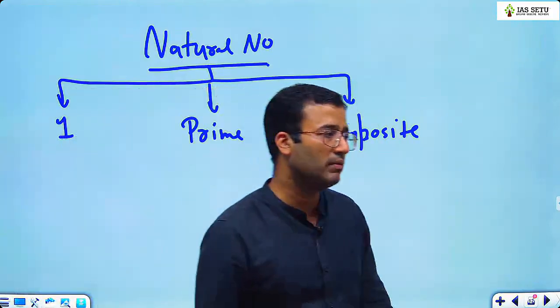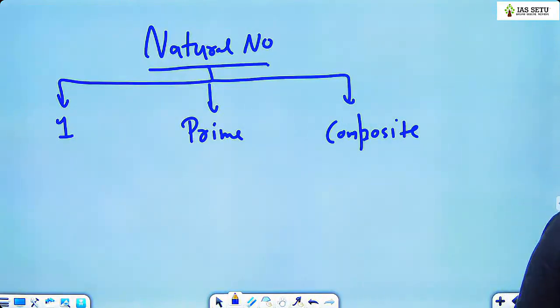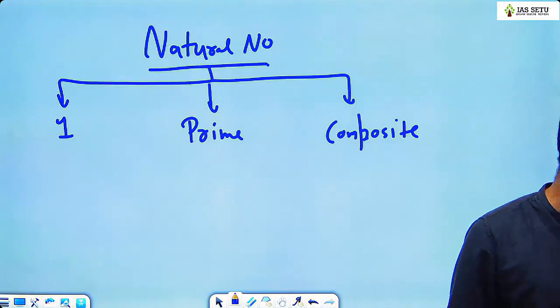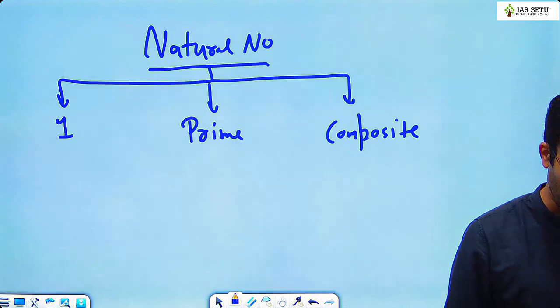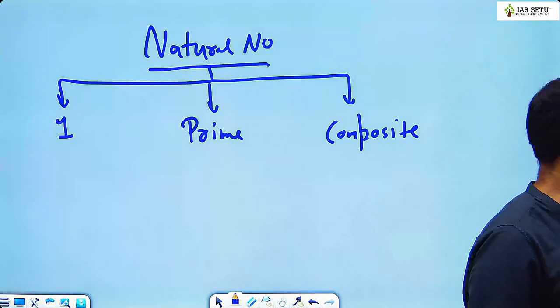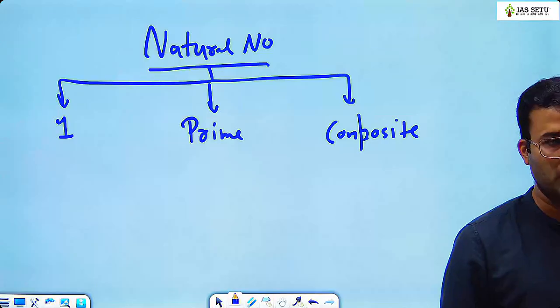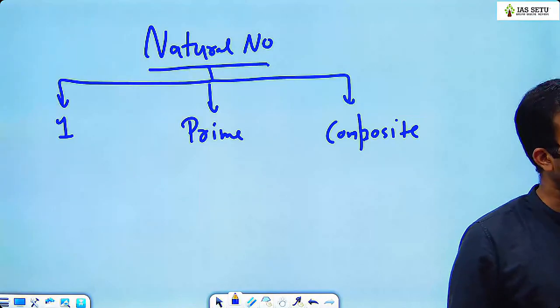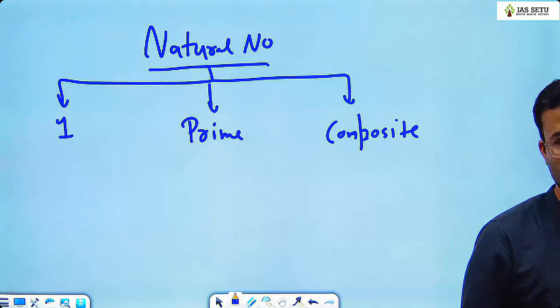So you can say prime number is a subset of natural number. Okay, who asked me what is the difference in prime number and natural number? Prime number is a subset of natural number.